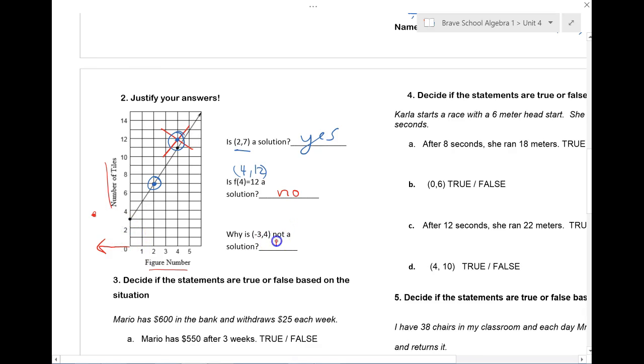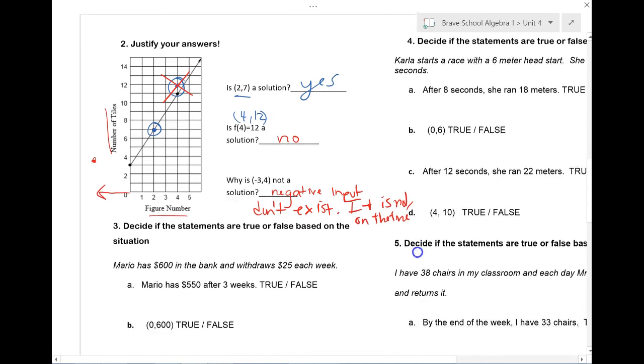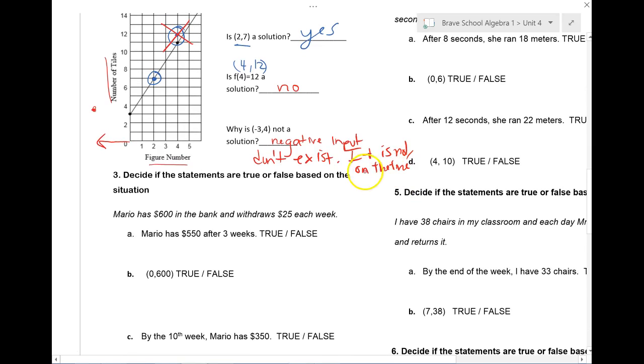So we would say negative inputs don't exist. Or you can simply just say it is not on the line. Okay, sorry that doesn't look like line, but that says on the line, L-I-N-E.